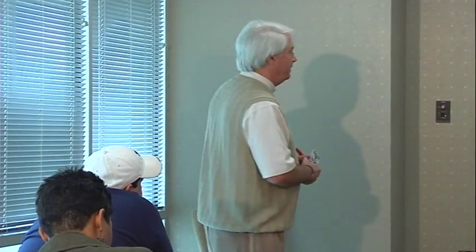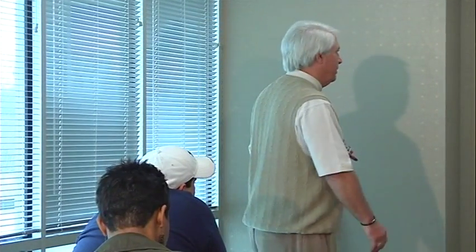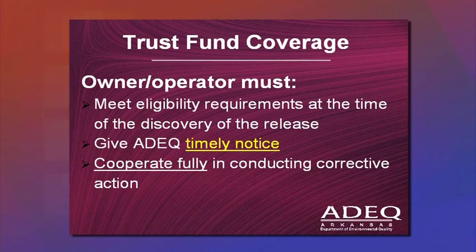To use it, you have to meet the eligibility requirements at the time of the discovery of the release. So pay your tank fees on time. Register your tank on time. Give us timely notice if you have a suspected release or a release. And then cooperate with anything we ask you to do if you have a release.